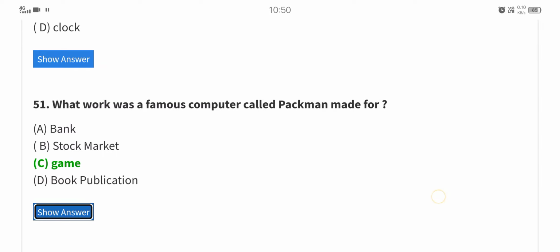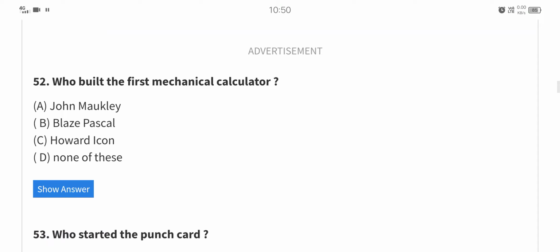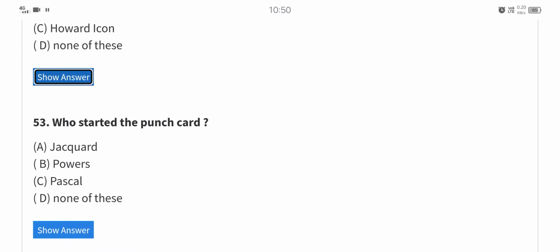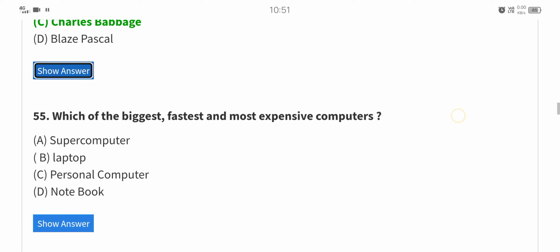Game. Who built the first mechanical calculator? Blaise Pascal. Who developed the computer infrastructure? Charles Babbage.